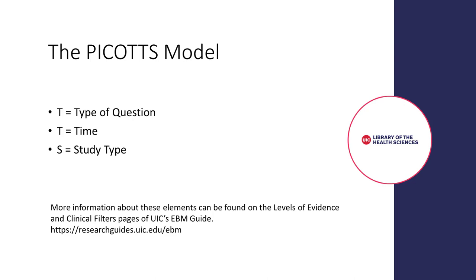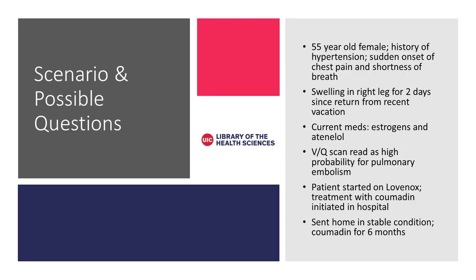You can learn more about these extra elements on the Levels of Evidence and Clinical Filters pages of the UIC Evidence-Based Medicine Guide. Now, let's look at a scenario and think of some possible clinical questions.